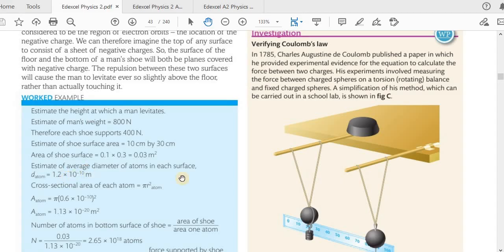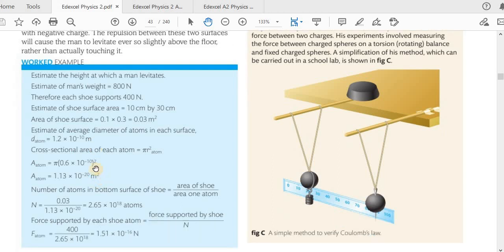Estimate of average diameter of atoms in each surface. Then we have this diameter of the atom, average diameter of atoms in each surface. Cross-sectional area of each atom. So we can assume the atom is a sphere, and then if you cut it in half, you get the cross-sectional area, a circle.